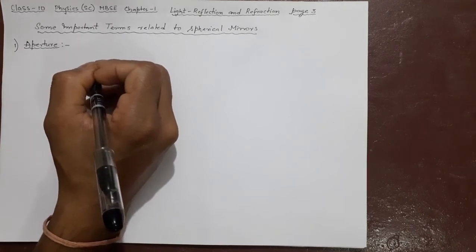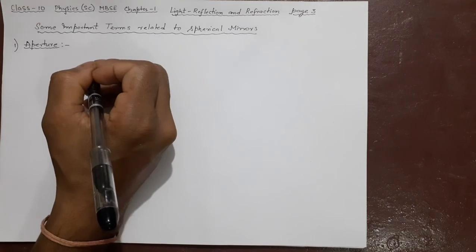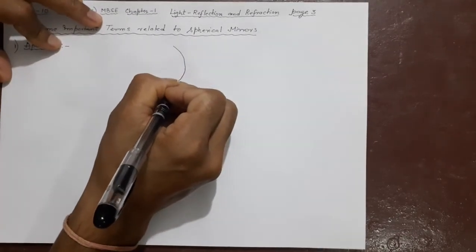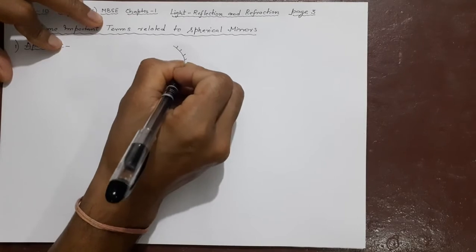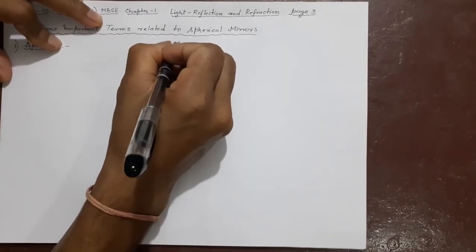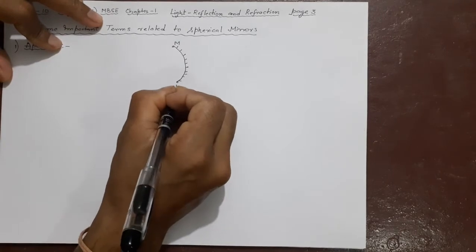You can see there is a figure given, 1.2. There you will find it is M M dash. Can you see M M dash? That means if suppose you have a concave mirror, it starts from here and goes up to here.